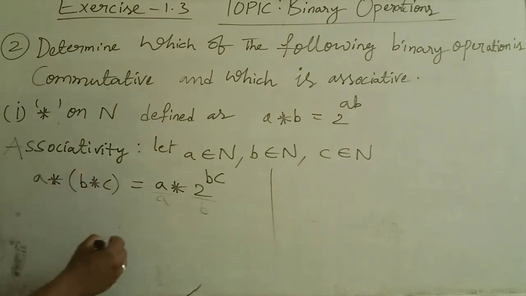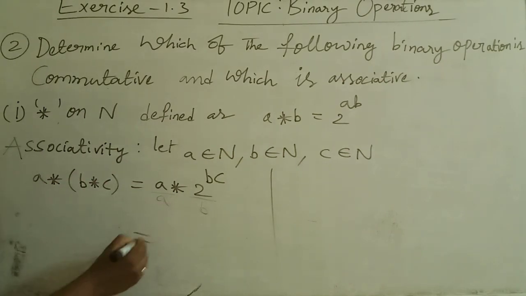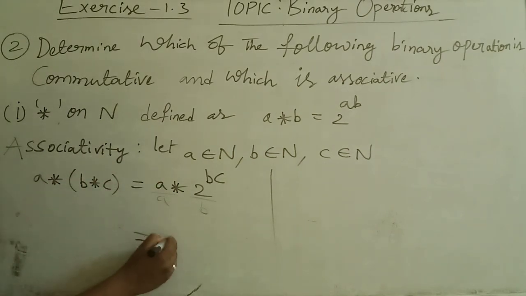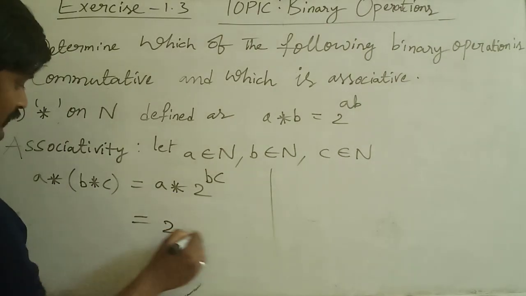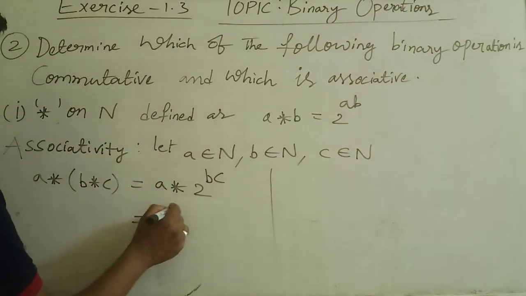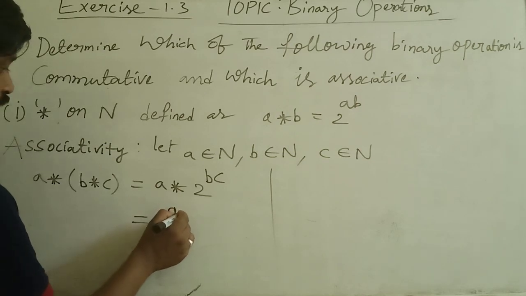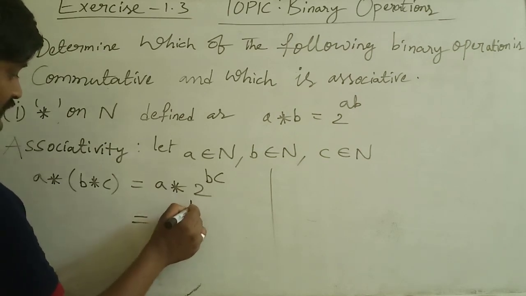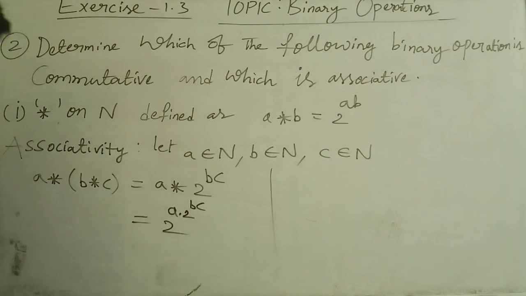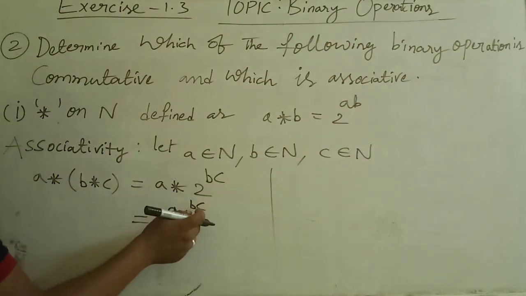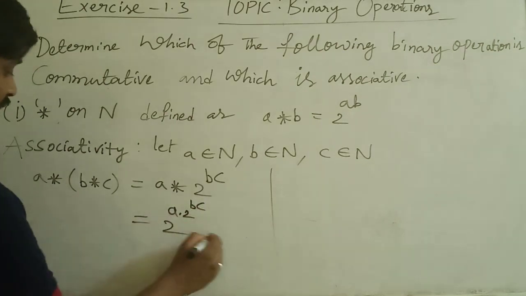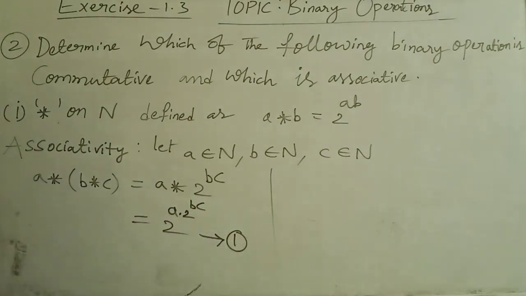Then A star B can be written as 2 power A into 2 power BC. So now it is 2 power A into 2 power BC, which gives us equation number 1.